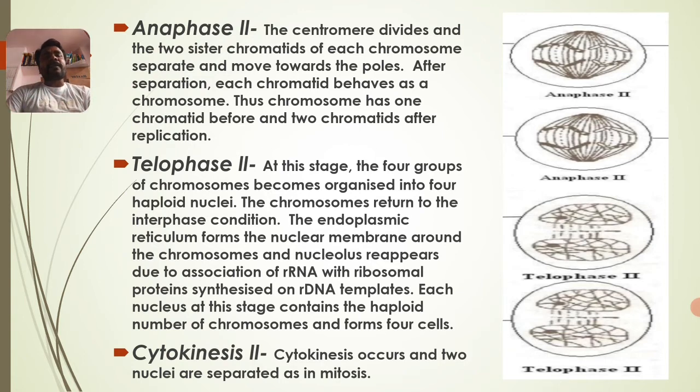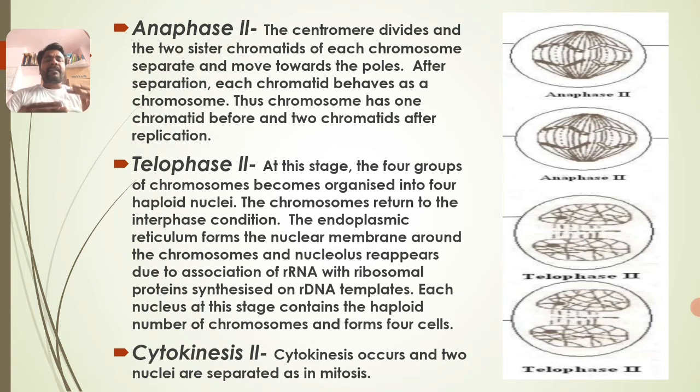If 46 chromosomes are present, in anaphase 1 half the number, 23 chromosomes, move towards the upper pole and 23 towards the lower pole. But in anaphase 2, all the 23 chromosomes are arranged on the equatorial plate.